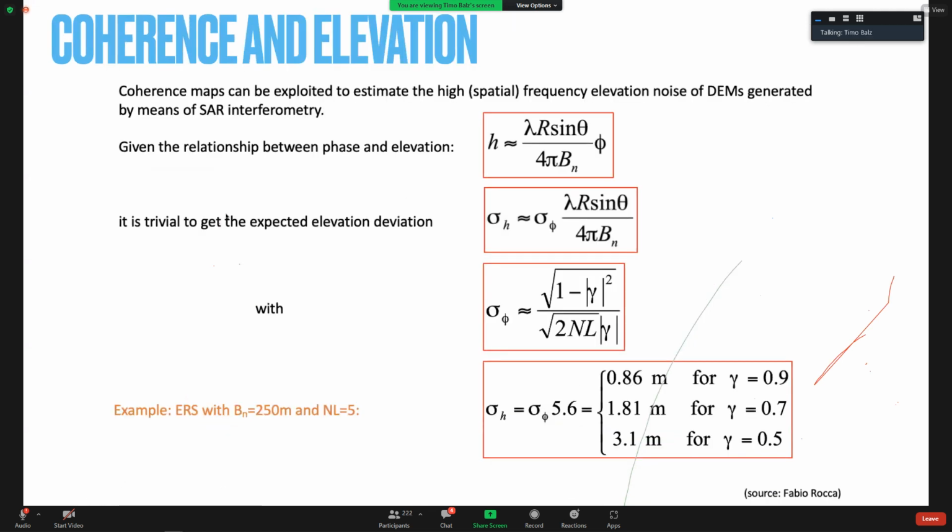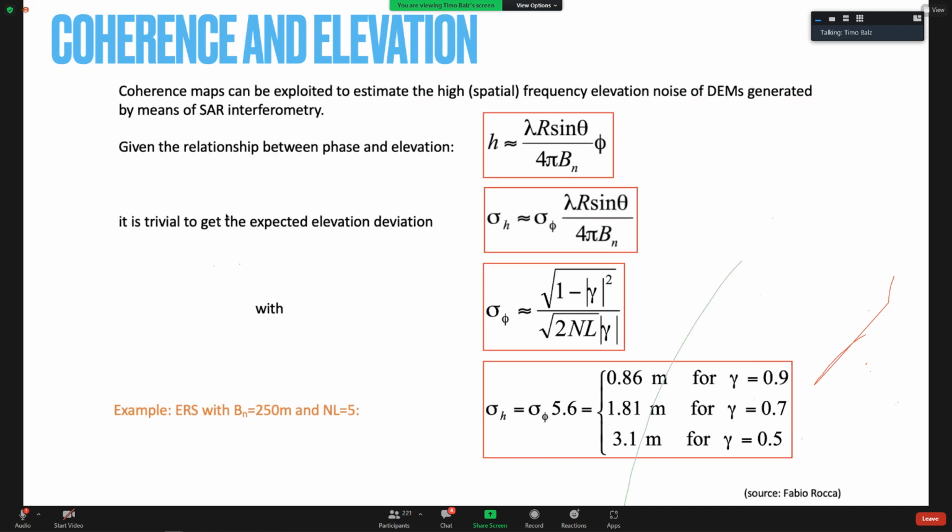Now, if we still talk on elevation, on height measurement, we can use the coherence and give a relation between the coherence we can achieve and the expected quality or error of the DEM that we can calculate.